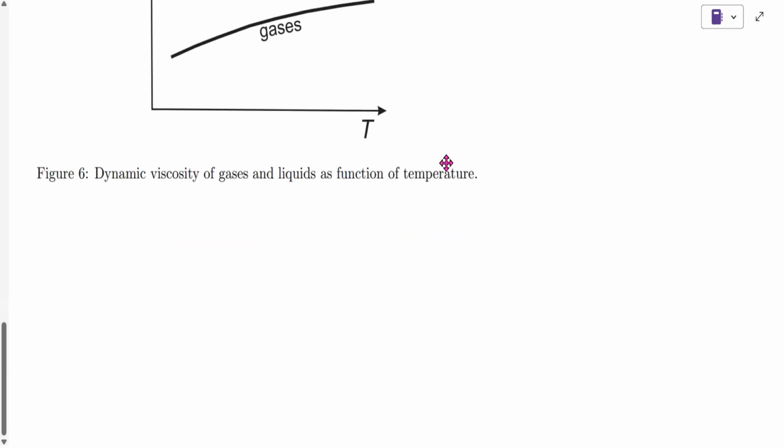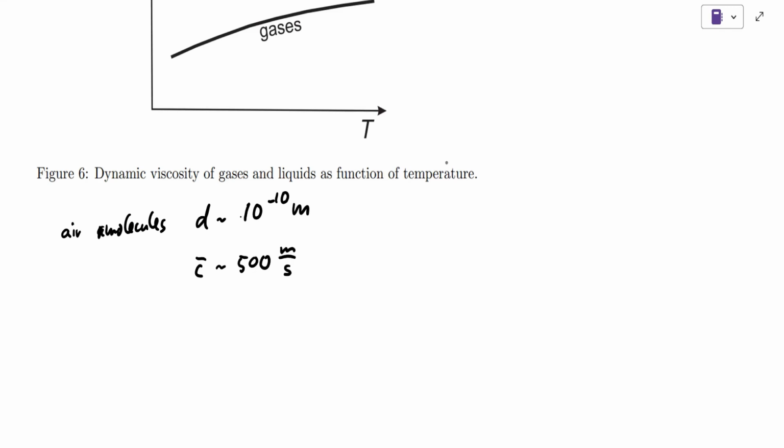So if we start with the gases, let's think we have an air molecule. So the diameter is in the order of magnitude of 10 to the minus 10 meters. We have a thermal velocity, so that's the mean velocity, of course, due to the Brownian motion, of about 500 meter per second.